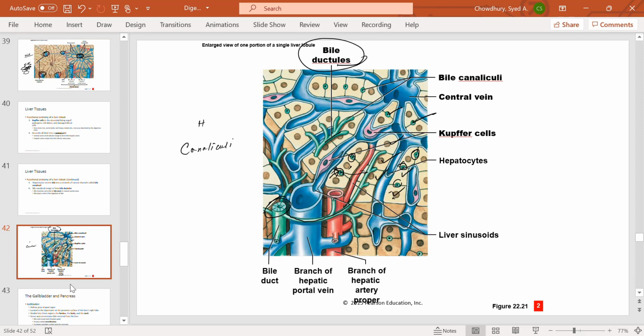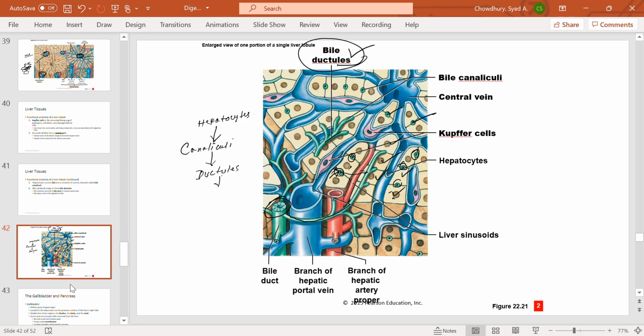So the hepatocytes or liver cells will release into the canaliculi, and canaliculi will give the bile to the bile ductules, okay.